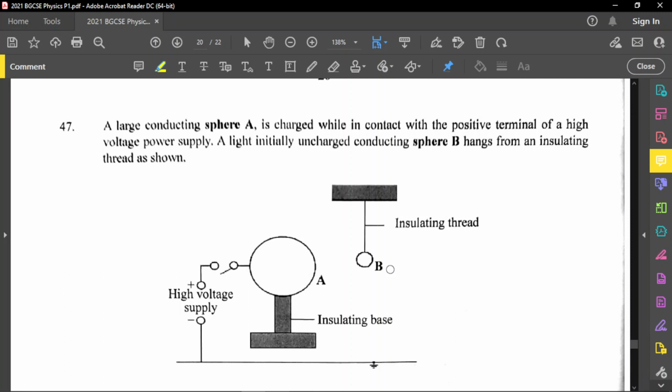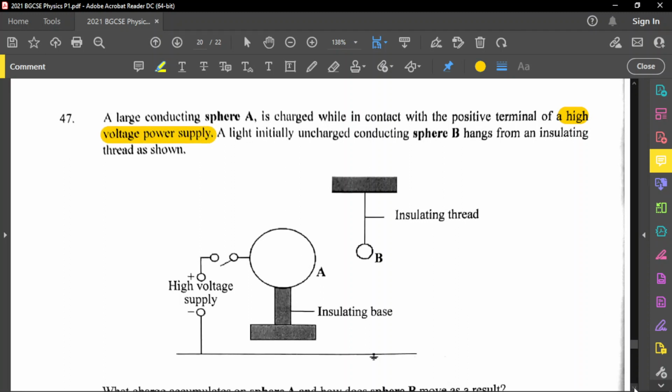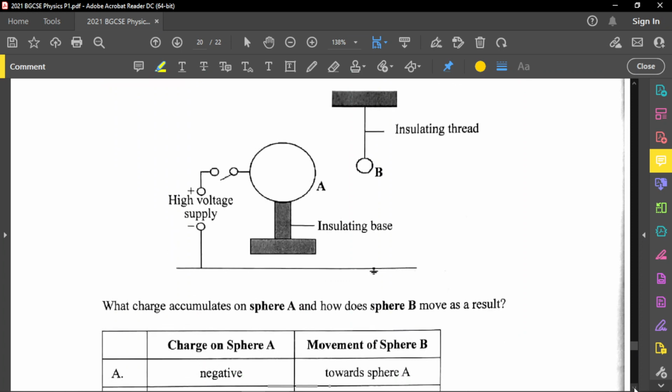And so there's something very important here, high voltage. So there's a high voltage power supply that is connected to it. That's very important right there. And so it asks us now what charge accumulates on sphere B, and how does sphere B actually move as a result.